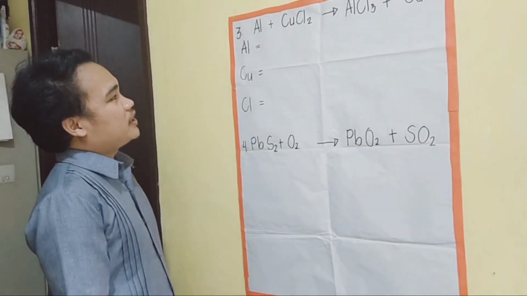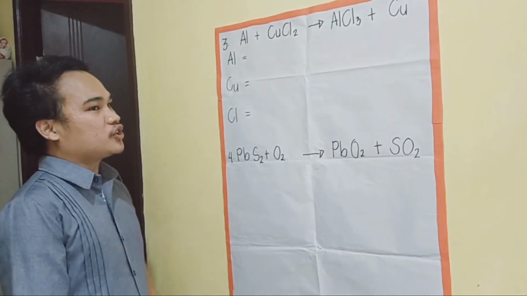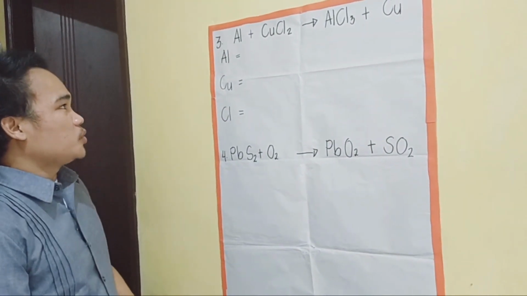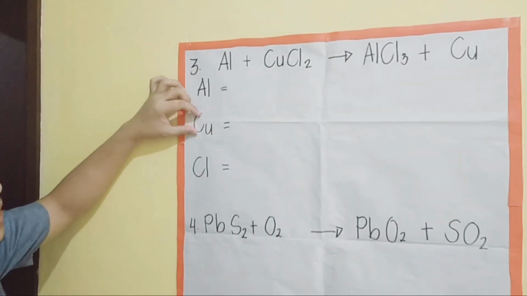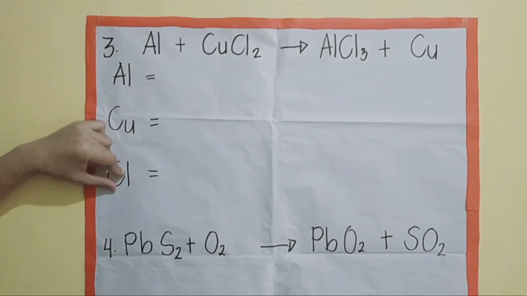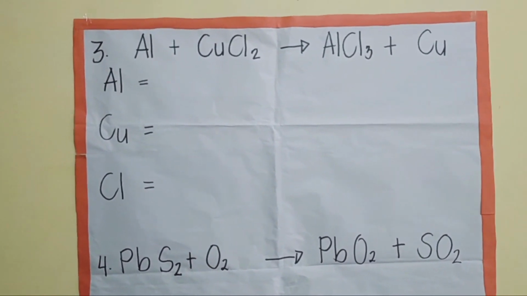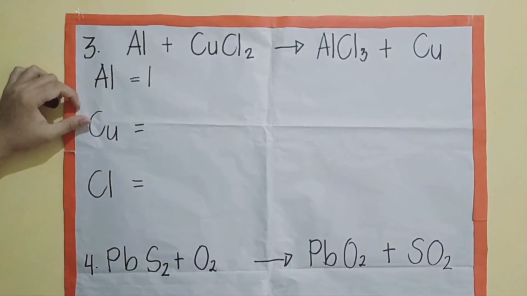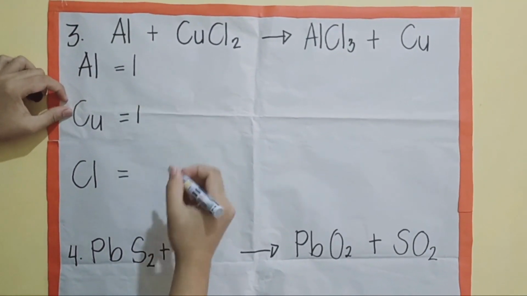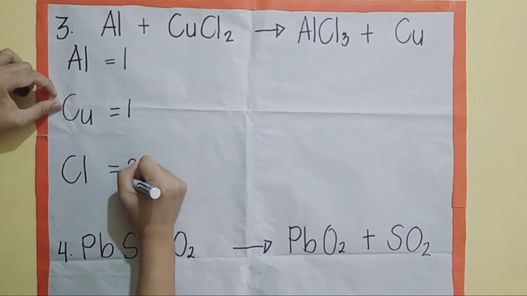Okay, number 3, we are going to count all atoms at both sides. So our elements are the following: aluminum, copper, and chlorine. So how many atoms do we have in aluminum? 1. And then copper we have also 1. And then chlorine we have 2.